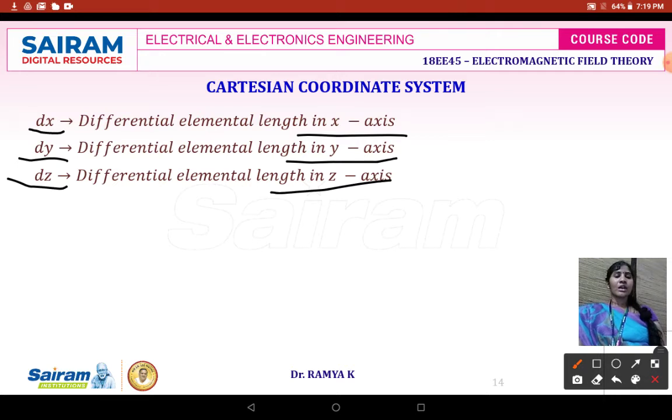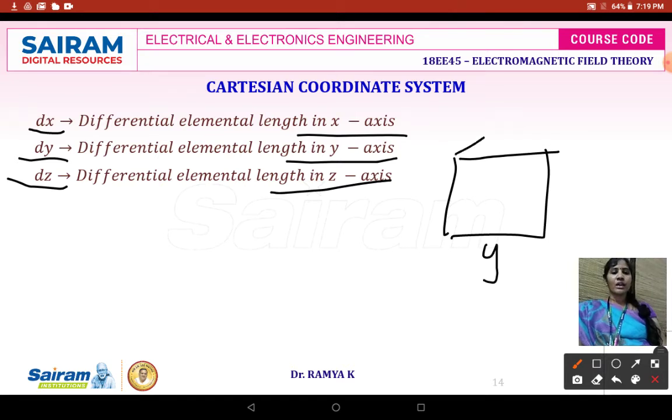Because when you are considering one cubical face, if this is your y-axis and this is your x-axis, why do we need to consider a differential elemental length? If it is larger in size, you can consider, here I am placing charges q1, q2, q3, q4.